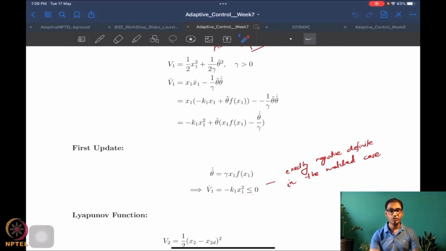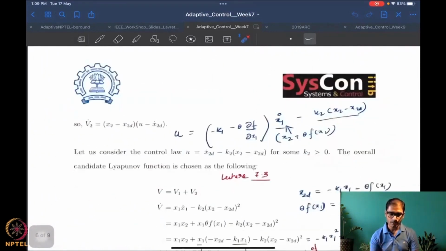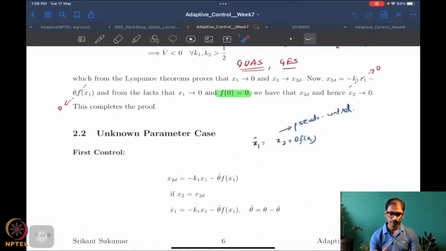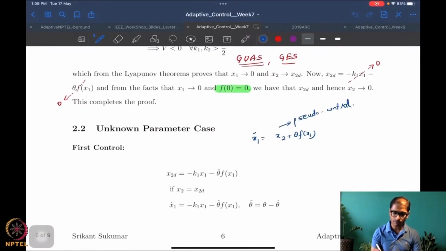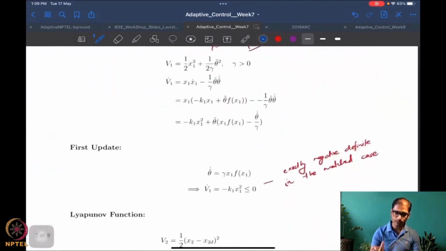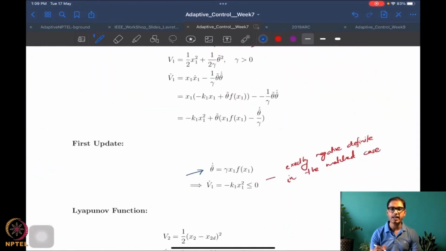All right, so we exactly have this, right? So what's the situation then? Our first system is of the form this. In fact, I have written it here, where this is actually the control and this is the control law, right, which is a function of x1 and theta hat, and of course there's an update law for theta hat dot.